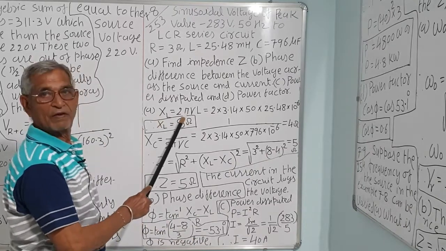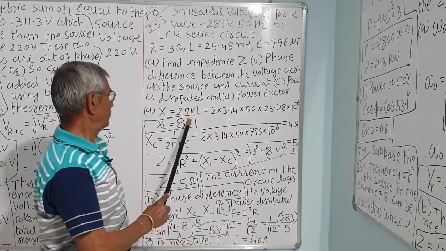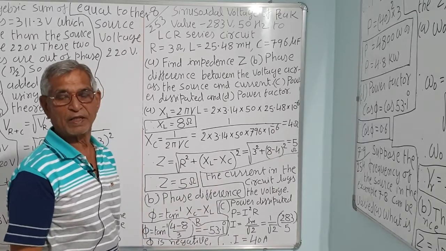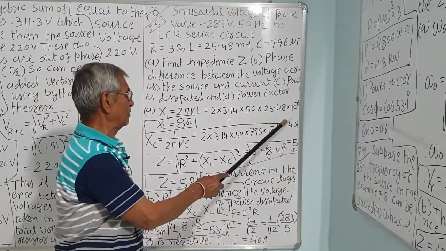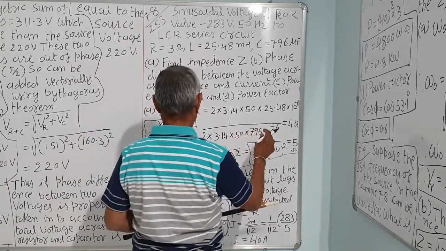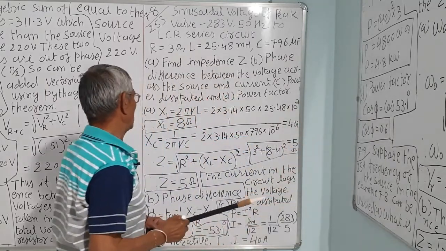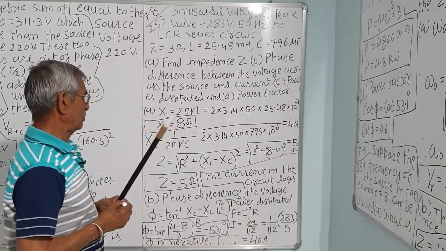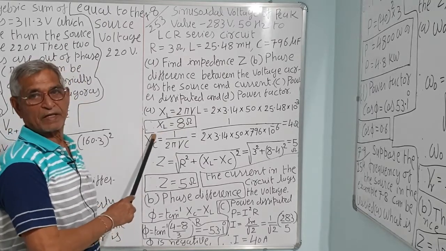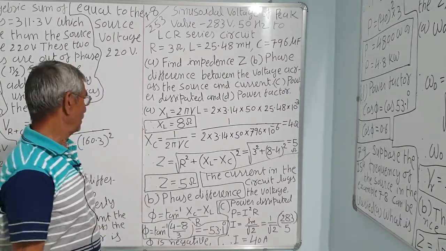XL is equal to 2 pi nu L, that is 2 into pi 3.14 into frequency 50, and inductance 25.48 millihenry, that is 25.48 into 10 raised to minus 3 henry, and that is equal to 8 ohms. That comes about 8 ohms. So XL, the inductive reactance opposed by the inductor, is 8 ohms.